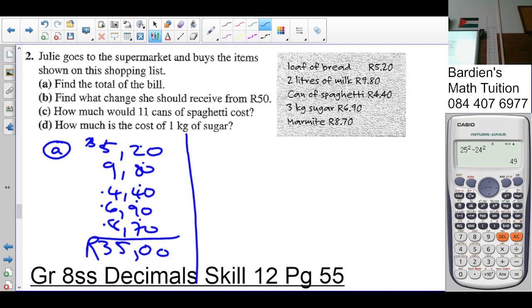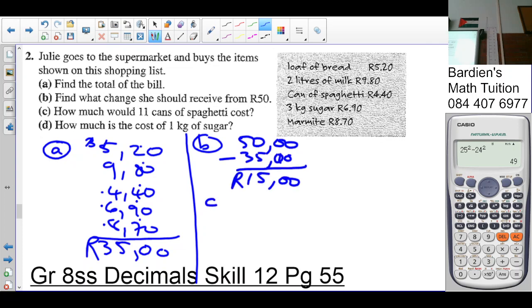Okay, let's go with B. Find what change she should receive from 50 rand. It's going to be 50 minus 35, which is 15 rand. That's easy, not so? When it comes to money, we can do this in our head quickly. Now, how much would 11 cans of spaghetti cost?